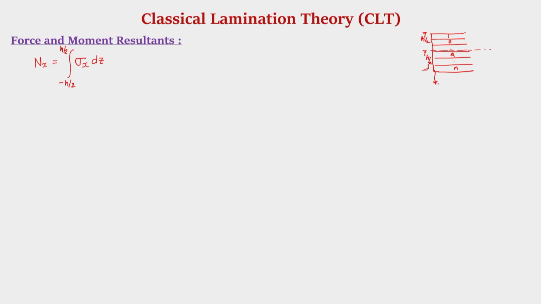So, this is the z axis and this is x axis, and this is of course y axis. In each layer we have sigma x. So, we write that N x is the equivalent force, which is the integration of sigma x over the thickness, going from z equal to minus h by 2 to plus h by 2.